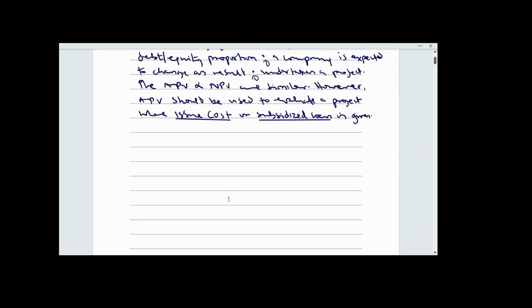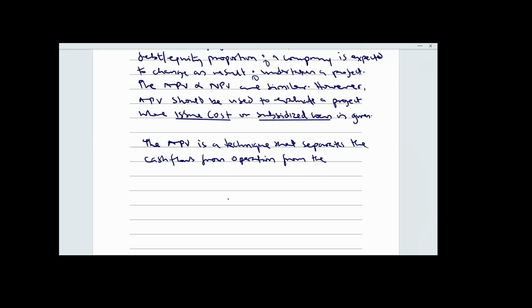All right. So the APV is a technique that separates the cash flows from operation from the cash flow arising from financing, and appraises each independently.